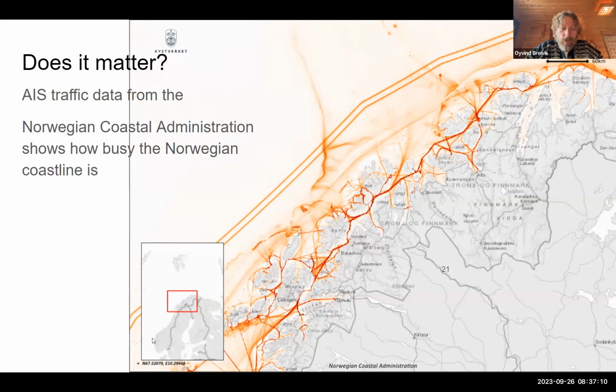And so there is a long tradition for highlighting these regions that are known for dangerous sea states due to currents and complex bathymetry as well.